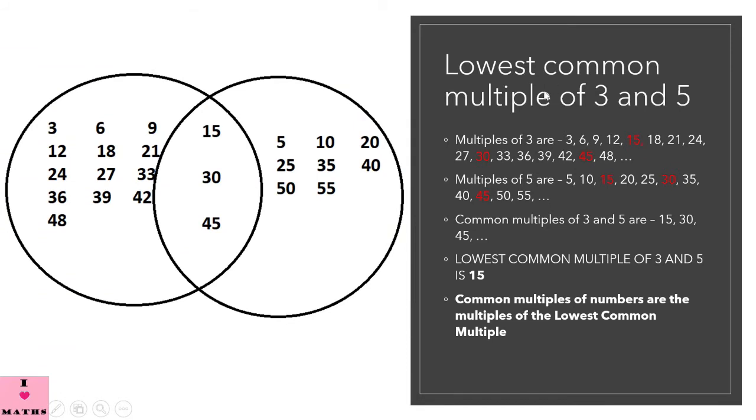Lowest common multiple of 3 and 5. Now that you already know, children, multiples are the answers in the table of any number.